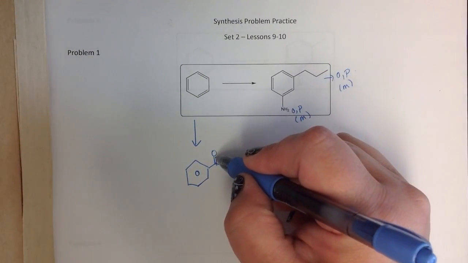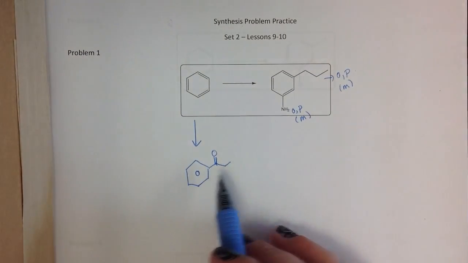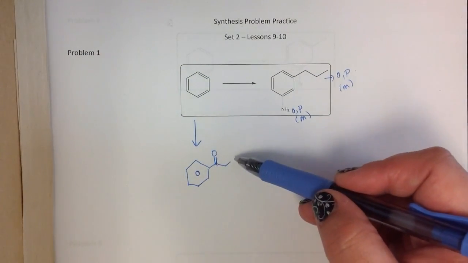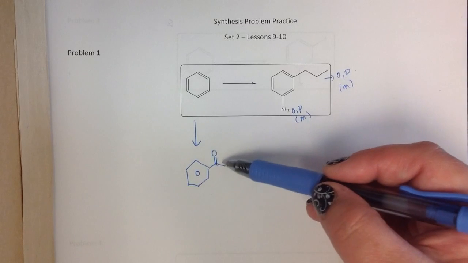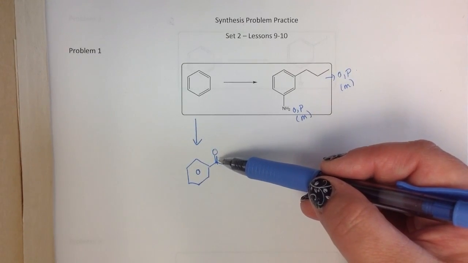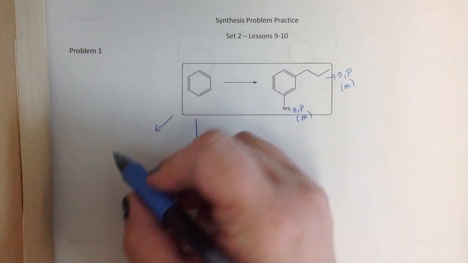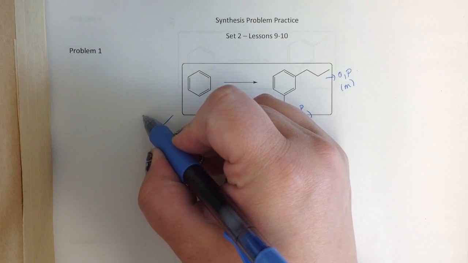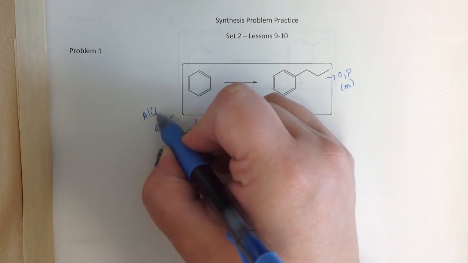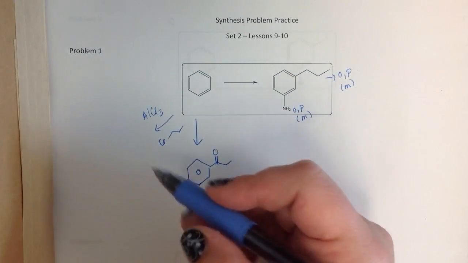Well, there's two reasons for that. There's a reason why I'm even thinking about him as a meta director, and that's simple. Remember, if you just add the entire alkyl group without the acylation, then you get a carbocation rearrangement. So say that we were instead to add AlCl3 with the alkyl chloride.